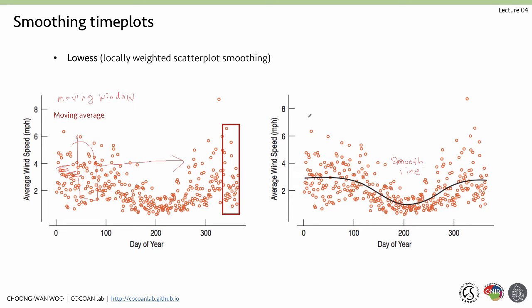This is basically the moving window average method, and another method is locally weighted scatterplot smoothing, LOESS. So these methods are being used very commonly for time series data. Okay, so by doing this, you can easily see the patterns. Like during the summer, the wind speed goes down, and then during winter it goes up. So you can find the pattern easily.